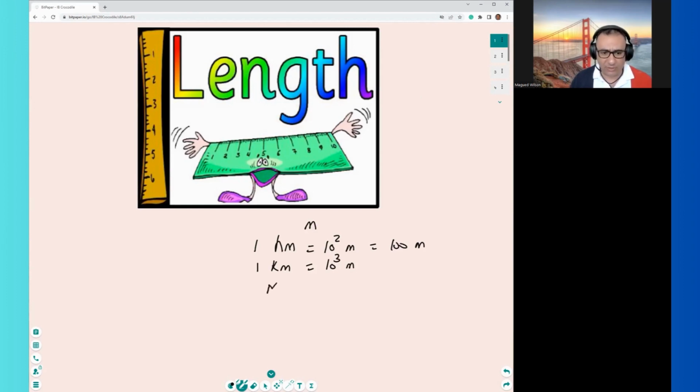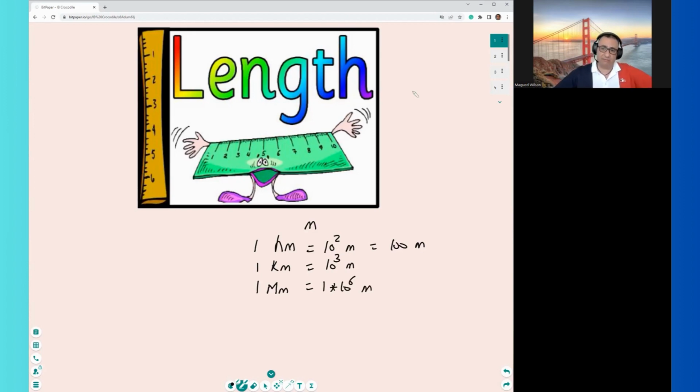So mega is going to be big M. The small m is just meter, but big M is mega. So if I see big M as a prefix before a small m, this is megameter. So 1 megameter is 1 times 10 to the power of 6 meters, and so on.